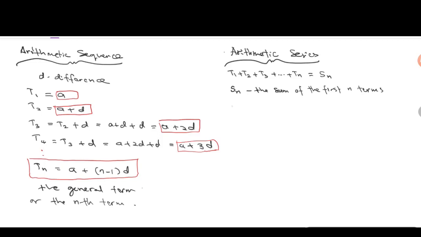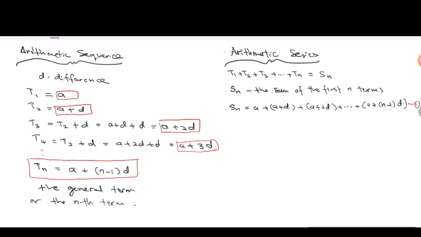In an arithmetic sequence, S sub n is equal to A, the first term, plus A plus D, plus A plus 2D, plus up to the nth term, that is A plus (n minus 1)D. Let's say this is equation 1.